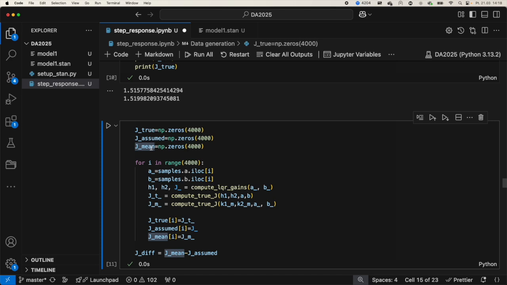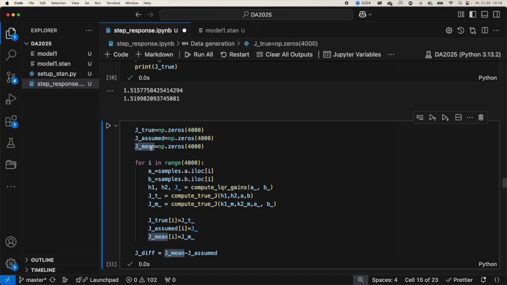Because when you take one number for A and B, you discard some information, right? You've selected one number to represent all the possible values of A and one number to represent all possible values of B, right?